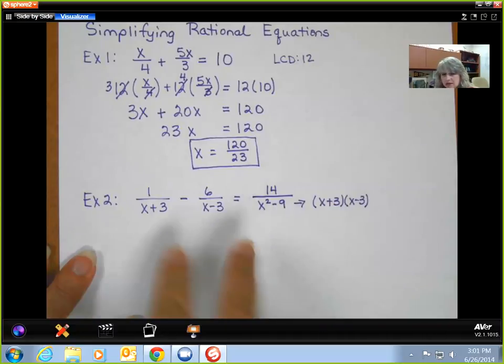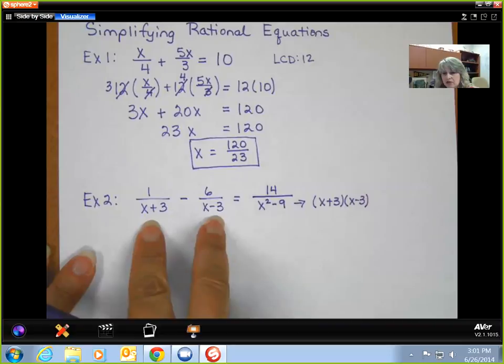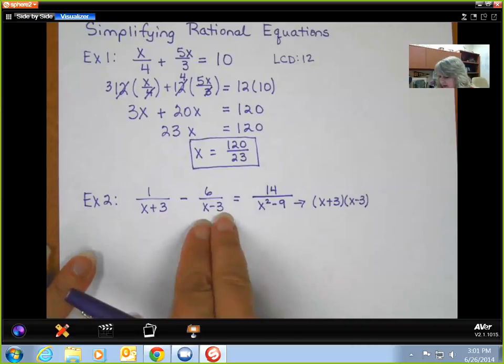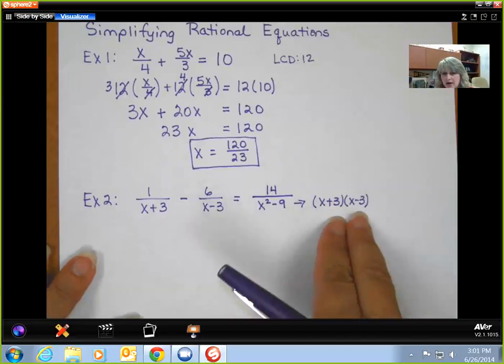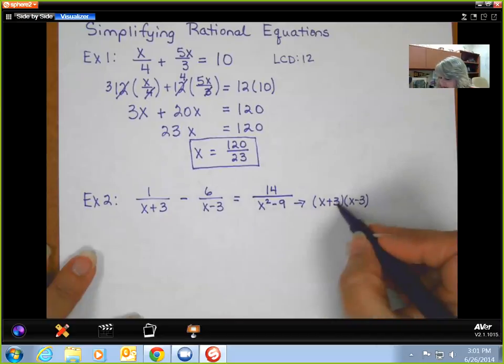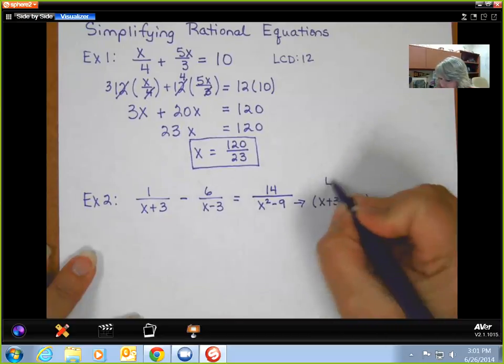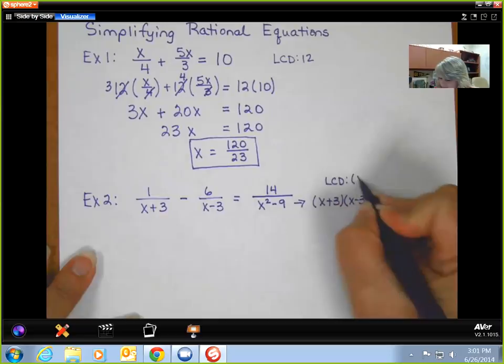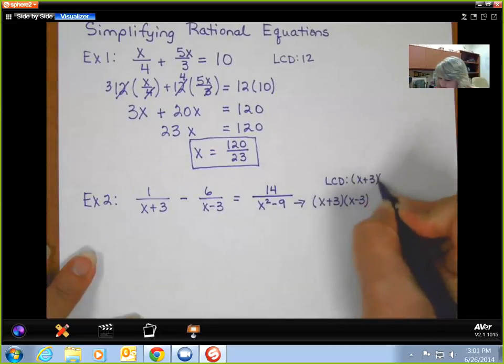So it's really the product of those two. So when you're trying to think what is the least common denominator of x plus 3, x minus 3, and then the product x plus 3 times x minus 3, it's going to be this product right here. So our least common denominator is x plus 3 times x minus 3.